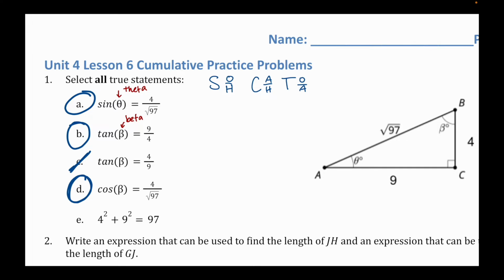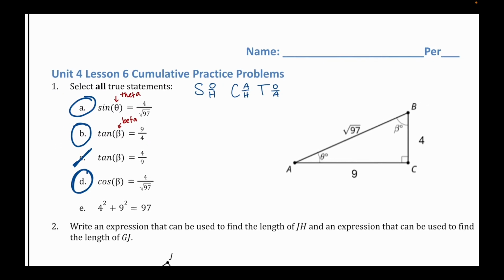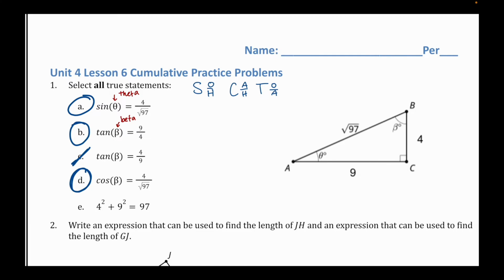And then they are telling us that 4 squared plus 9 squared should equal 97. This should be right because the two legs squared added together equal the hypotenuse squared. If we wrote this all out, just to give an example, this would be 16 plus 81 is 97, and 97 is equal to 97, so that checks out.